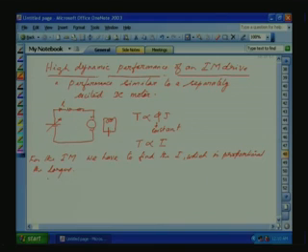Also, in a DC machine, because of the construction, the flux and the armature current I are orthogonal to each other. So here also we have to find the flux phi, which is also generated by a current I.